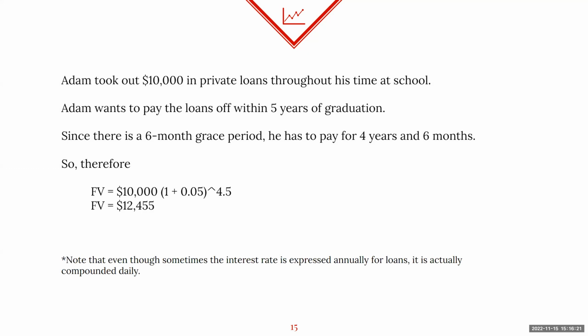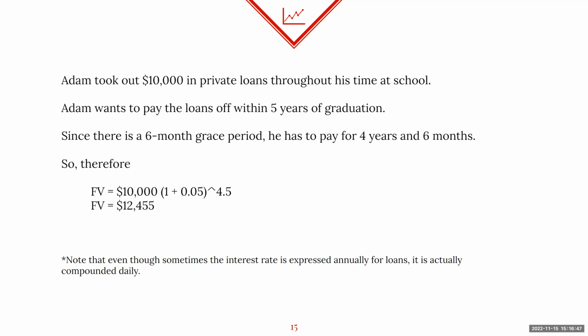So for example, Adam took out $10,000 in private loans throughout his time at school. Adam wants to pay off the loans within 5 years of graduation. That's just Adam's goal. Since there's a 6-month grace period, he only has to pay for 4 years and 6 months, or 4.5 years.